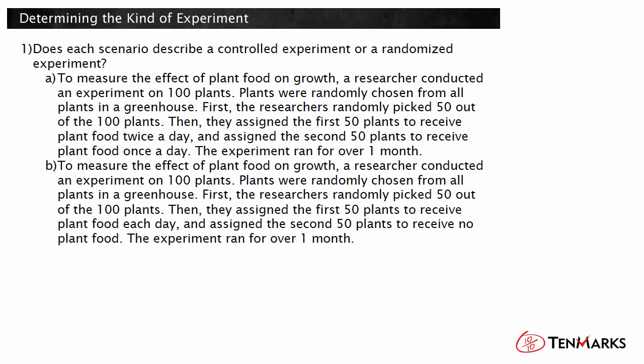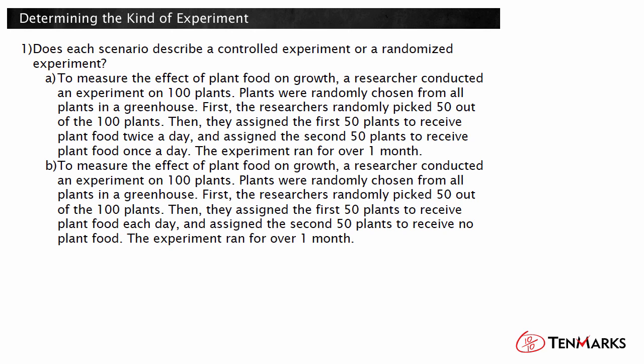Remember, you know that this is an experiment, but you need to determine whether it is controlled or randomized. Remember that there is some randomization to a controlled experiment because the subjects are randomly assigned to either the treatment or non-treatment group.